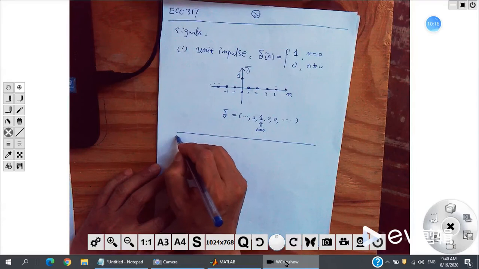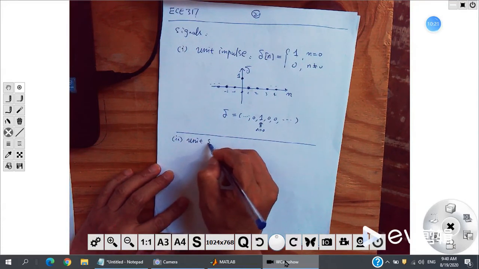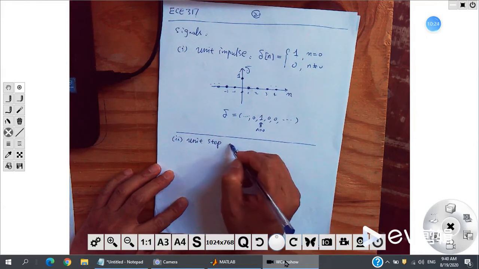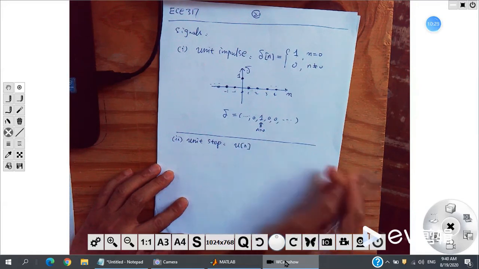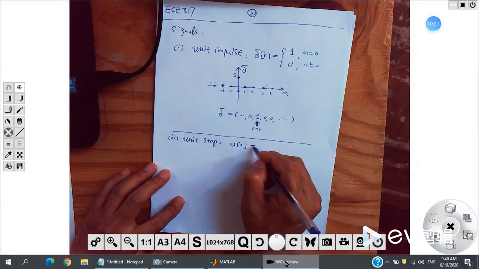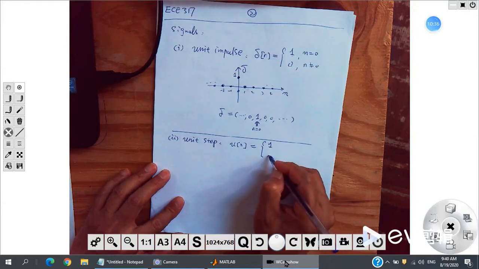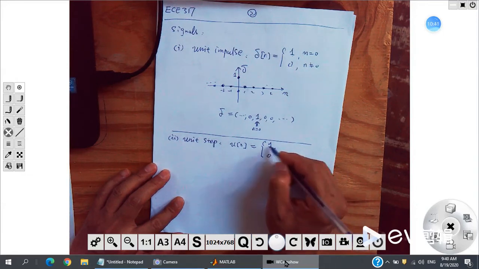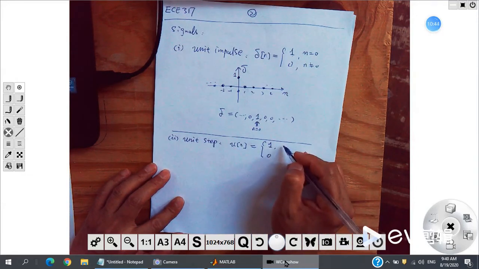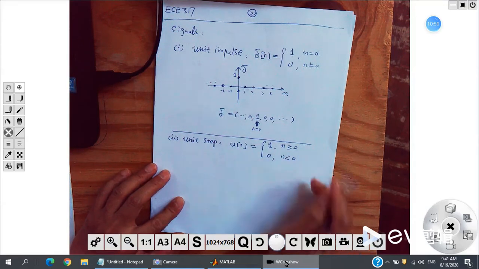The second signal is the unit step signal. It is u of n. u also has only 1 and 0 as its values. u has value 1 when n is larger than or equal to 0, and for negative n, its value is 0.